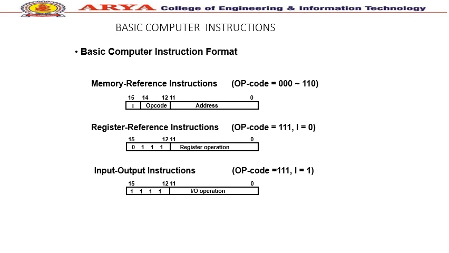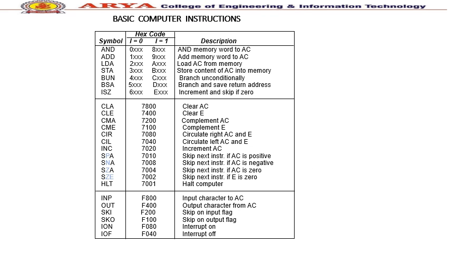Basic computer instructions: the basic computer instruction formats are memory reference instruction, register reference instruction, and input output instruction. The memory reference instructions are AND, ADD, LDA, STA, BUN, BSA, ISZ. ISZ means increment and skip if 0.